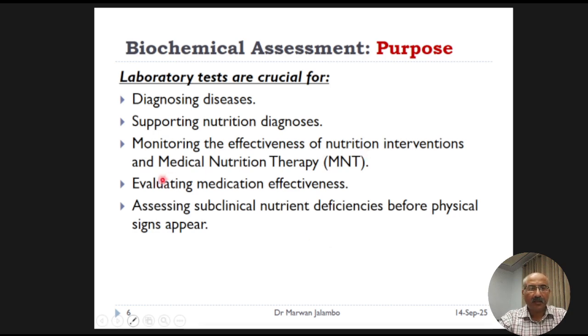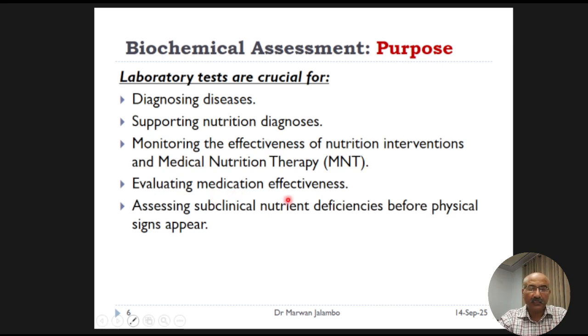The first purpose is to help diagnose diseases, to provide objective support for our nutrition diagnosis, to monitor how effective our nutrition interventions or medical nutrition therapy are, and to evaluate the effectiveness of medication.